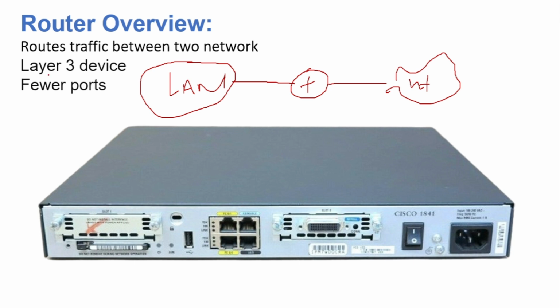A router is a layer 3 device because it does not only learn and understand MAC addresses, it also understands IP addresses, which we'll be talking about in our later videos. A router has few ports, unlike switches.